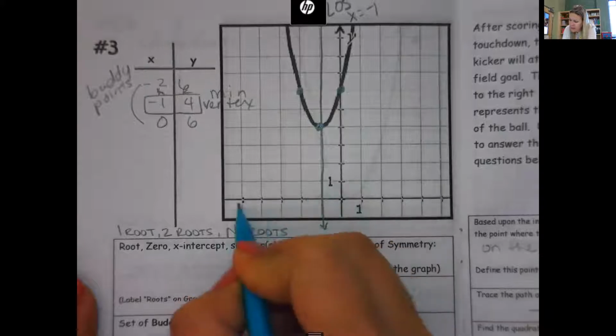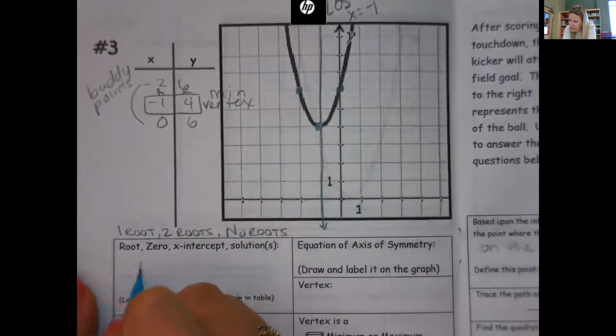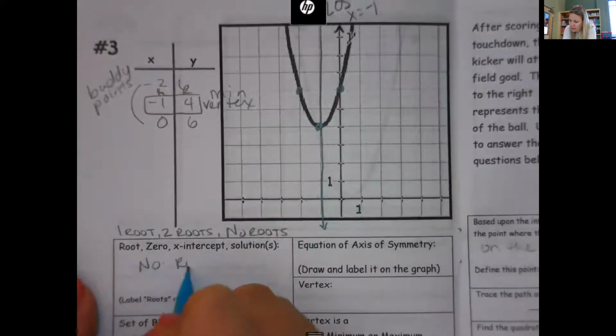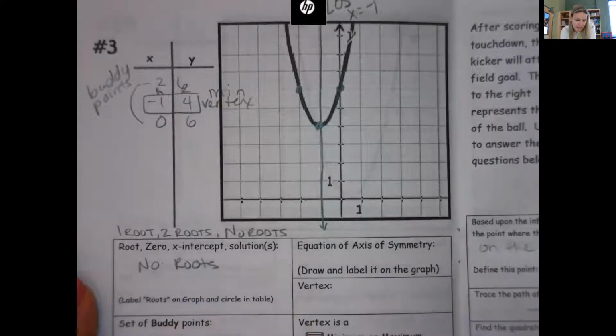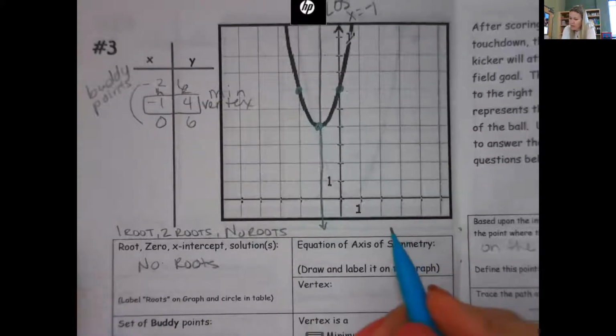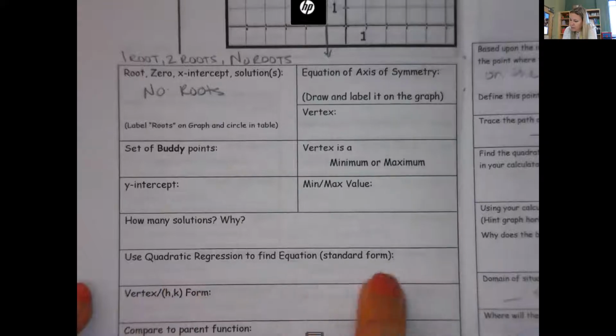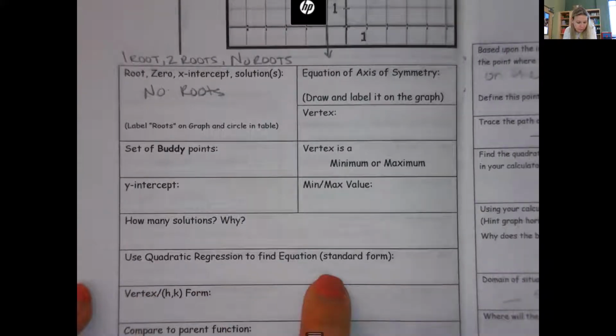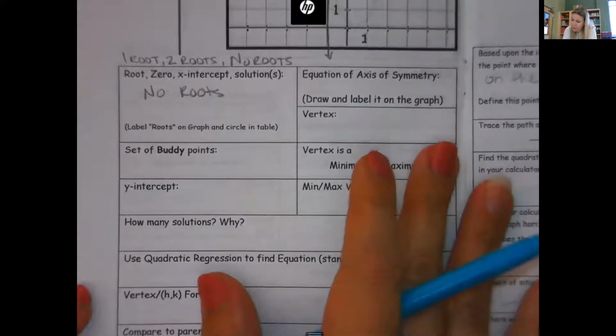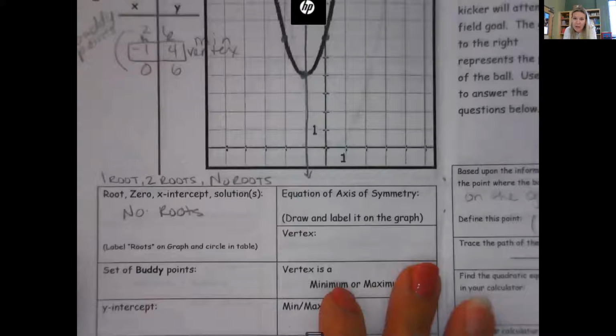And this one does not cross the x-axis, so this one actually has no roots, or you could write none. That just means that when we do our equation down here, it might look a little different. We'll see. We haven't encountered no roots, so we'll see if it looks any different or not.